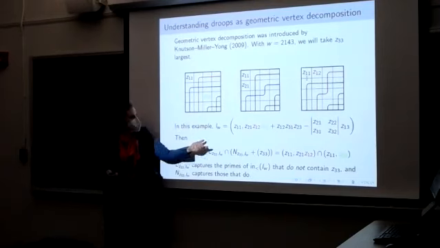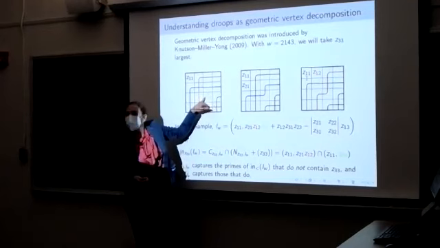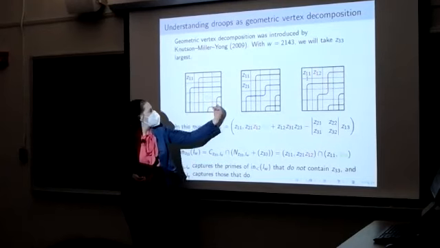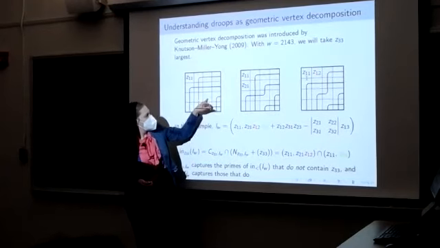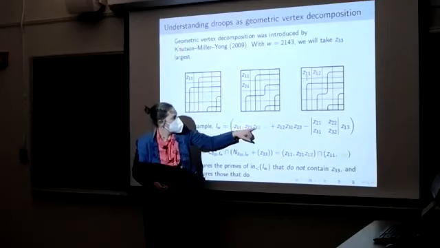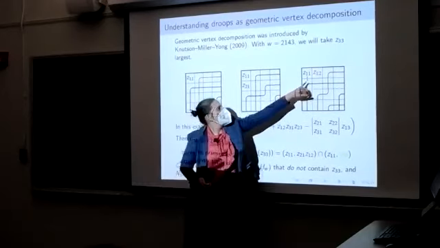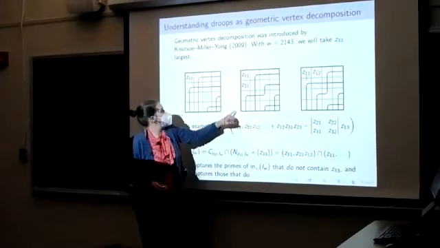So the geometric vertex decomposition is saying take z3,3 to be the largest term because we were ordering our variables this way. So if we do a geometric vertex decomposition with respect to z3,3, these coefficients that we pull off to form the ideal of the link, these come from the blank tiles that we are exposing.